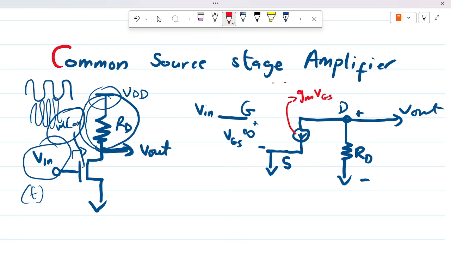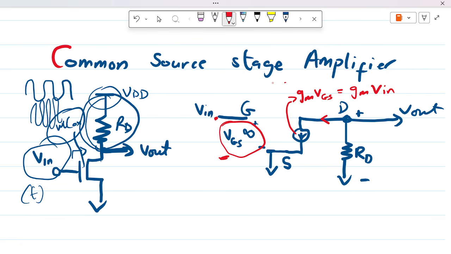But in this particular topology, we see that the input voltage with reference to the ground will be the same as VGS, because VGS is the controlling voltage that controls the value of the current ID. So I can just write this is equal to gm Vin, and our aim is to find the relationship between Vout and Vin.